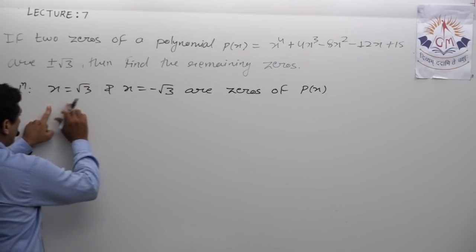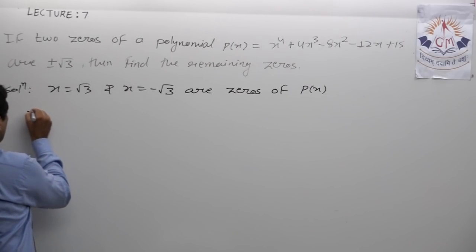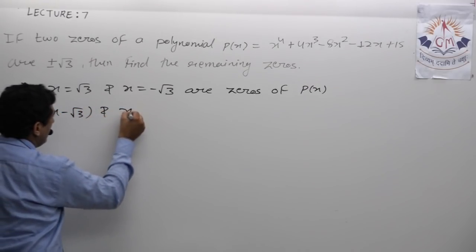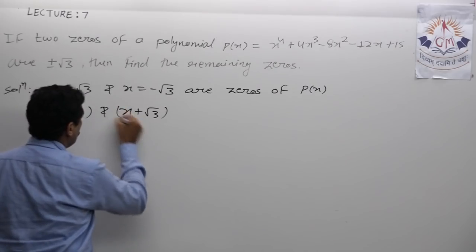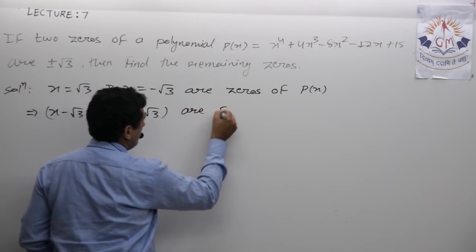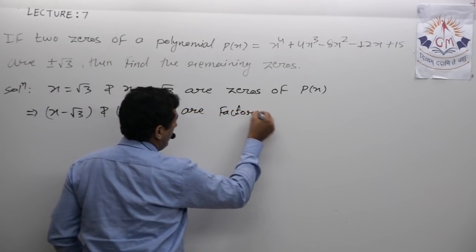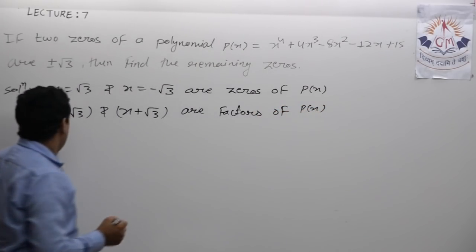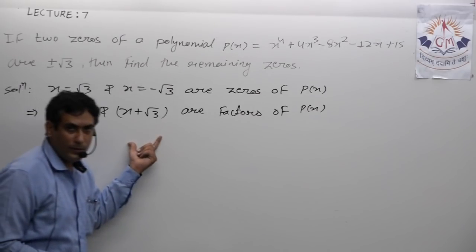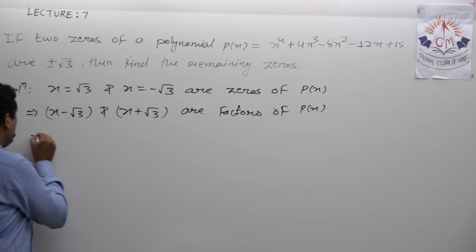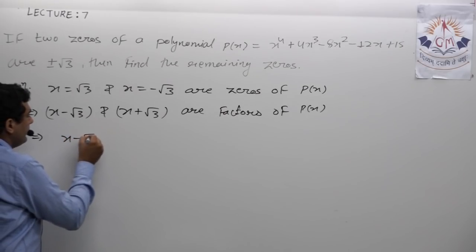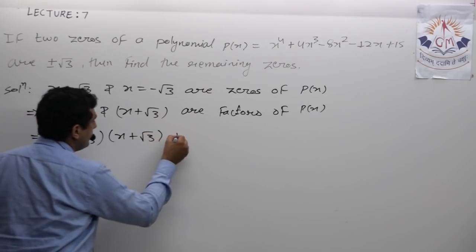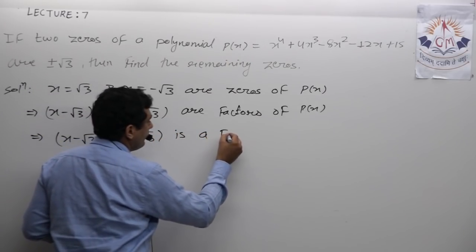So here x equal to root 3 is a zero, so this implies x minus root 3 and x plus root 3 are factors of p(x). Now if x minus root 3 is a factor and x plus root 3 is a factor, then definitely their product will be a factor. Therefore I can say x minus root 3 into x plus root 3 is a factor of p(x).